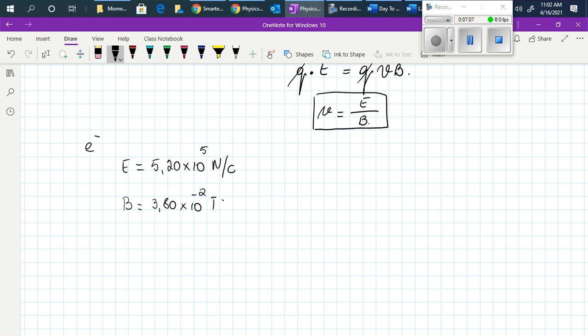Those two fields are combined. It's not that they are one after the other, but they are merged together. Then it is passing through undeflected.